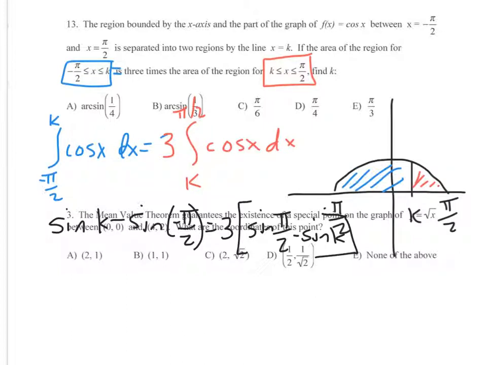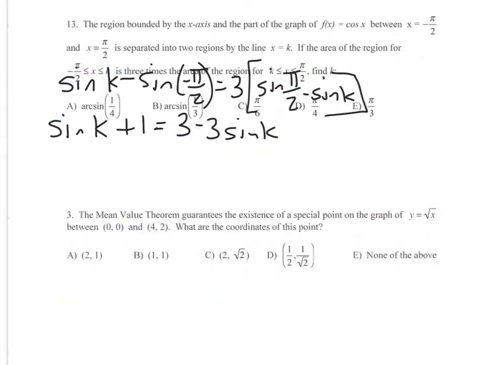And it gets a little confusing there. Should end up with sine of K plus 1 equal 3 minus 3 sine of K. Okay, let me get some of this out of the way, and we're going to go back to that. And so we've got these sine of K's.